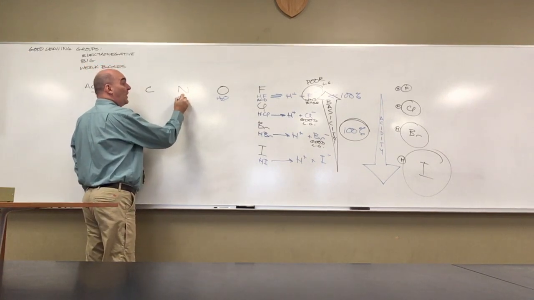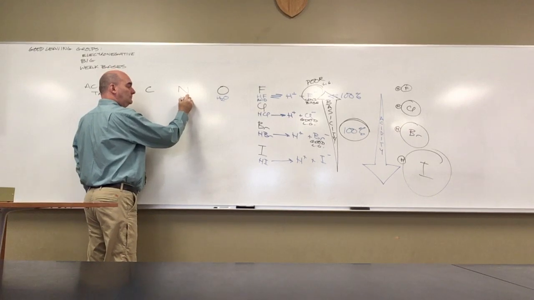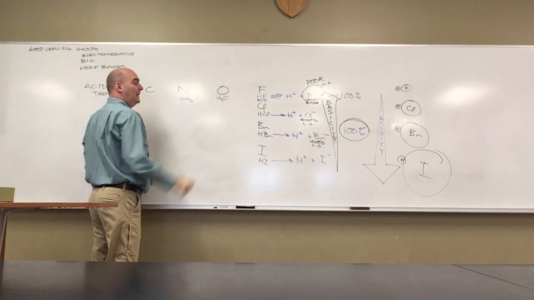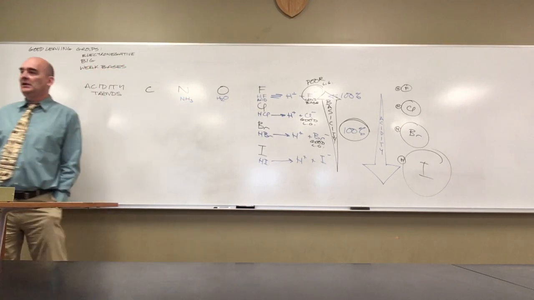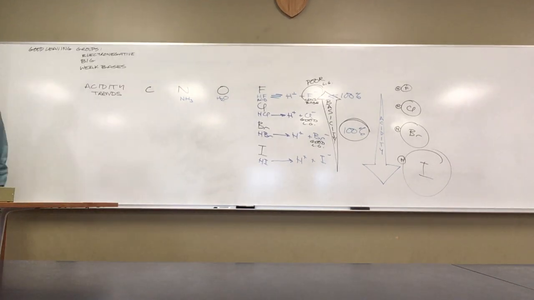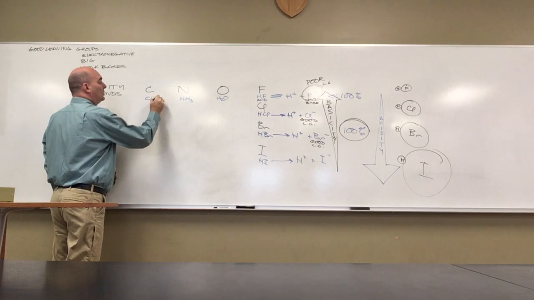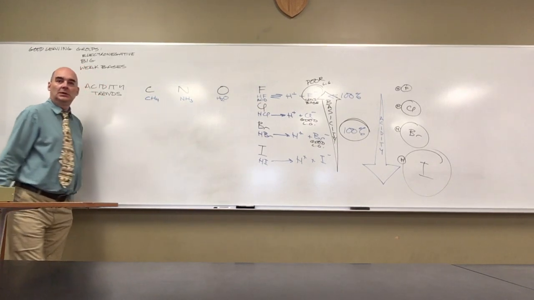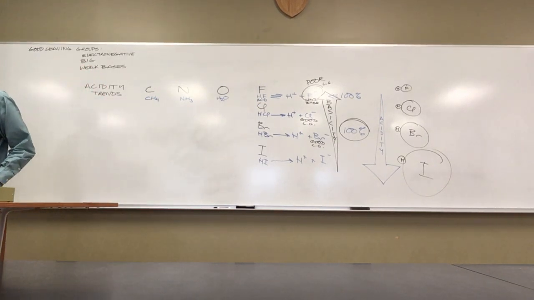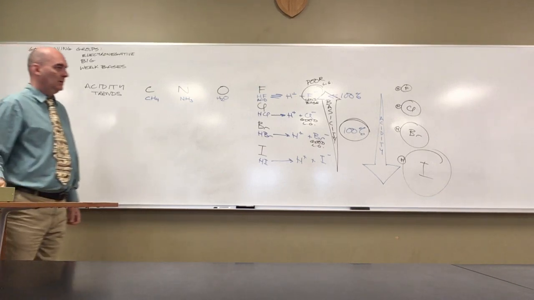Nitrogen is in group 5, so it makes 3 covalent bonds, it needs 3 hydrogens. Carbon is in group 4, it makes 4 covalent bonds, therefore I'm going to need 4 hydrogens. Okay.